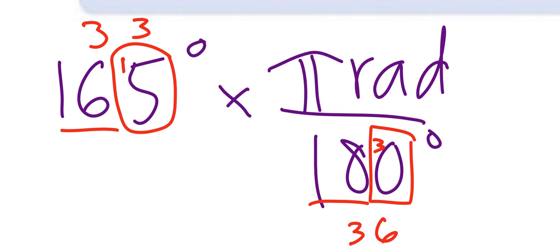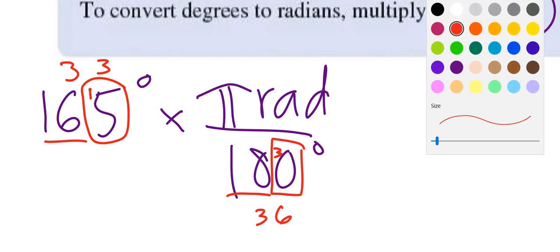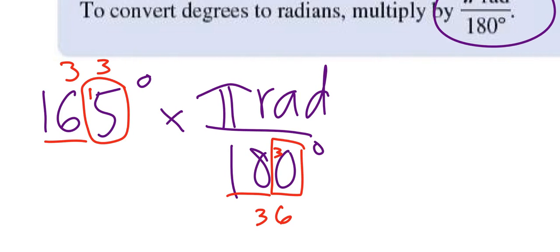So we just reduced 165 over 180 into 33 over 36. Is there anything that goes into 33 and 36? 3, and that's why you guys got 11 pi over 12.